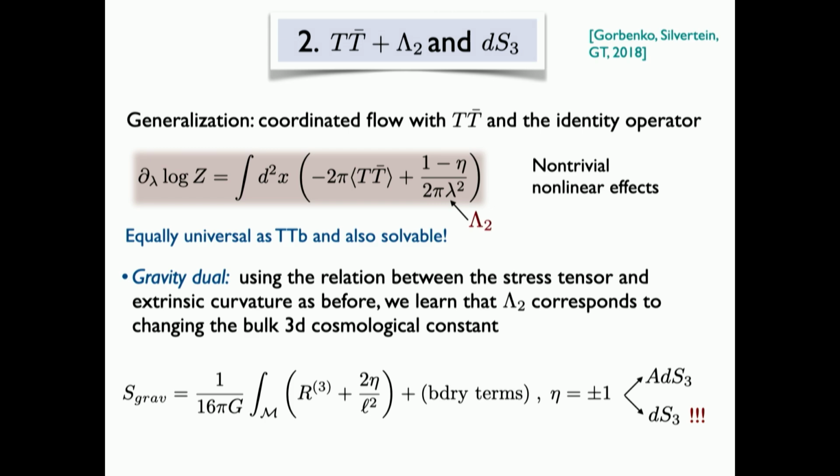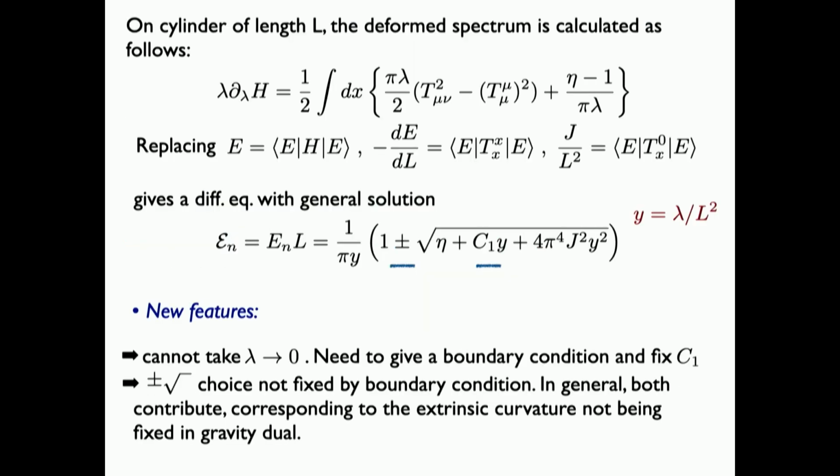And now I'll come back to this calculation of the energy levels so that I give you some flavor of how it goes, to show that it's also exactly solvable in the lambda2 case. So how are these deformed energy levels computed? First, the previous differential equation that I showed is translated into a differential equation for the Hamiltonian. It's almost the same one that I showed before. Okay? And then this equation is evaluated on energy eigenstates.